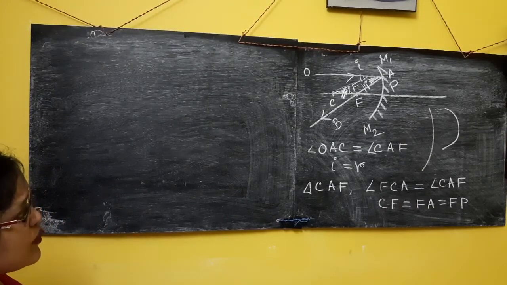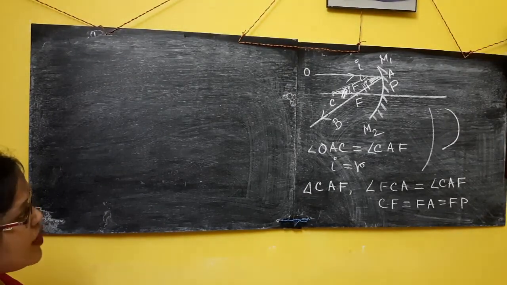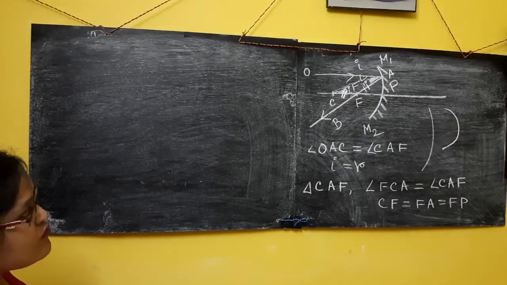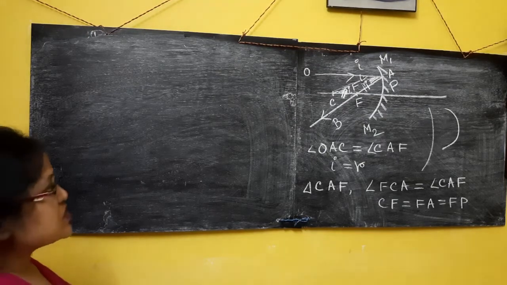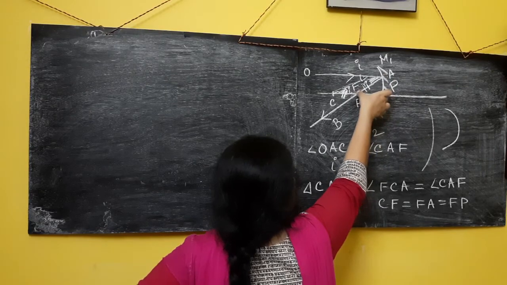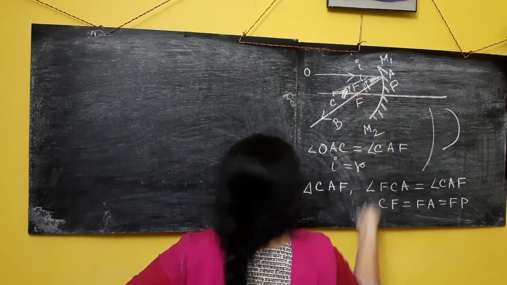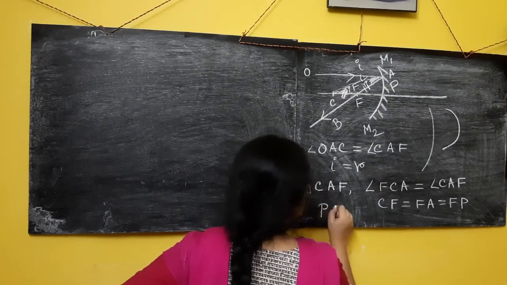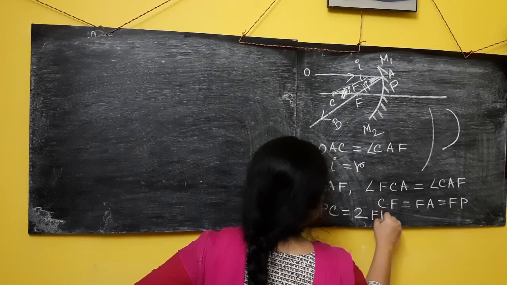CF equal to FP. Now coming to the next one. If CF equals FP, then FA is equal to this, and CF equal to this one. So what can I write? PC equals twice of FP.